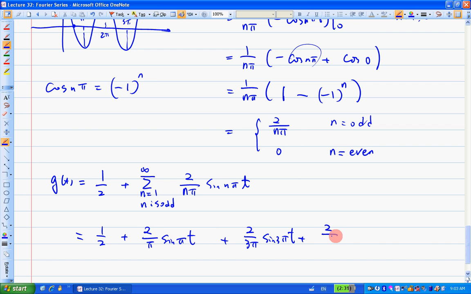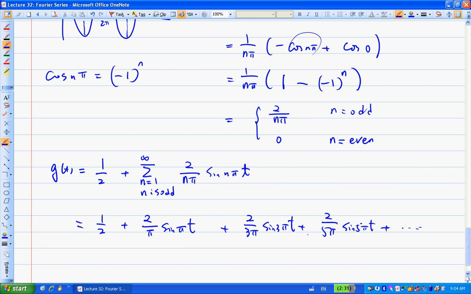And plugging in a little more here, so you can keep going. So that's g of t. So g of t can be approximated using this thing here.